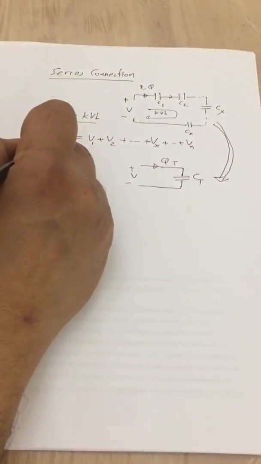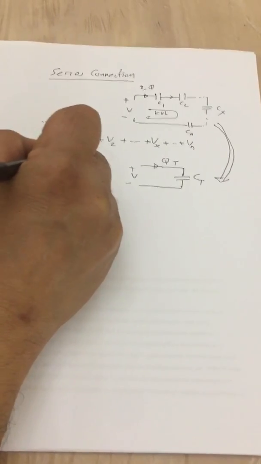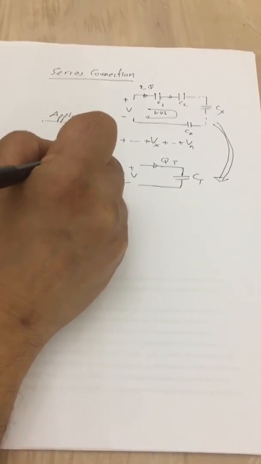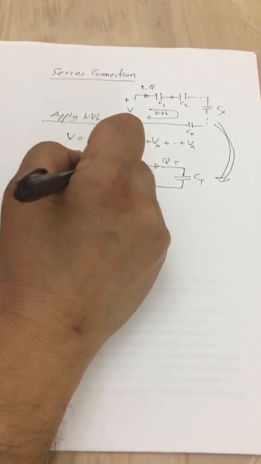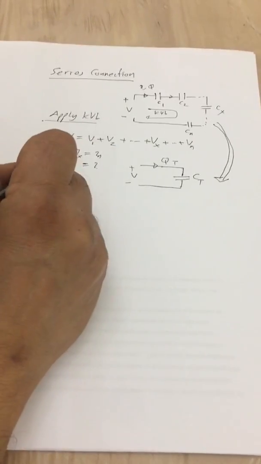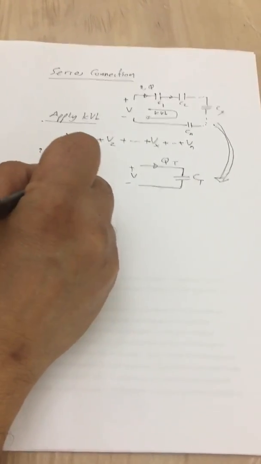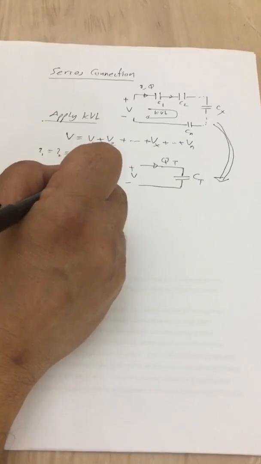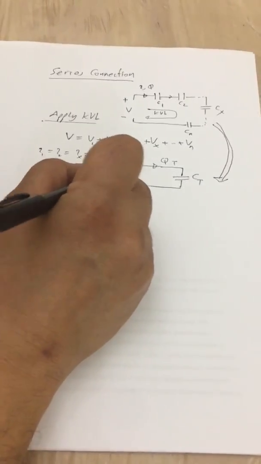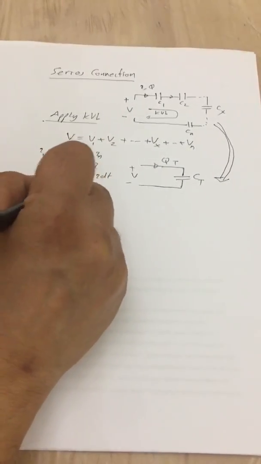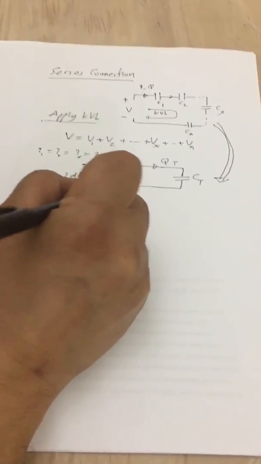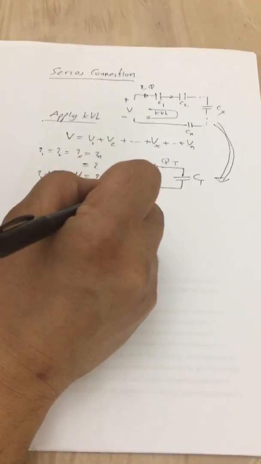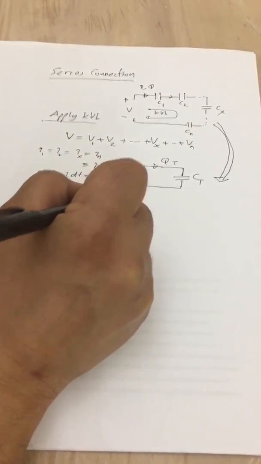Now, I1 is equal to I2 is equal to Ix is equal to In because they are connected in series, equal to I, which means that the integral of I1 dt equals I2 dt equals I dt is equal to Q. So it means Q equals Q1 equals Q2 equals Qn.